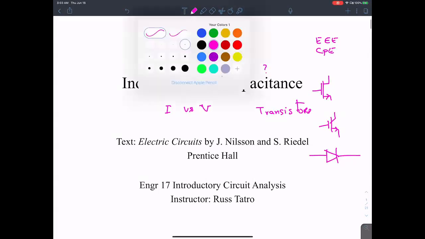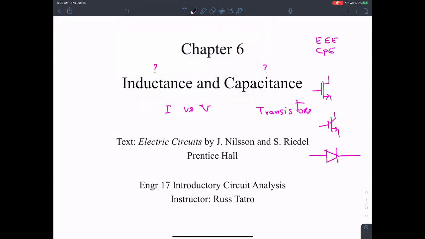Even when you talk about these devices, you'll try to understand the relationship between the current and voltage in each of these devices.